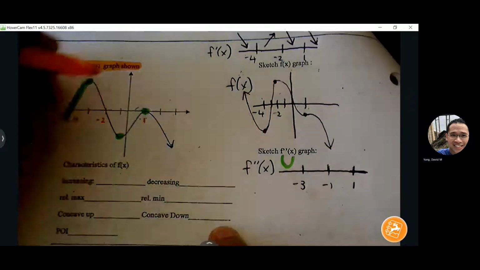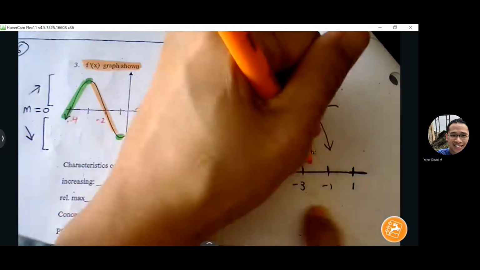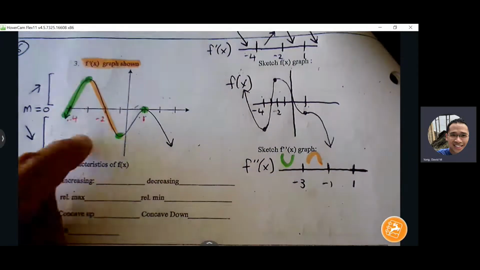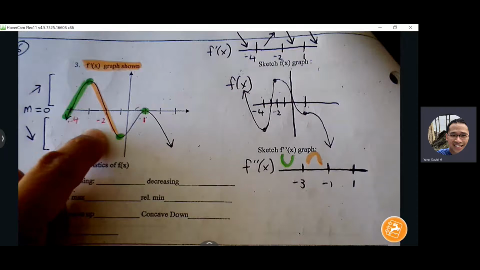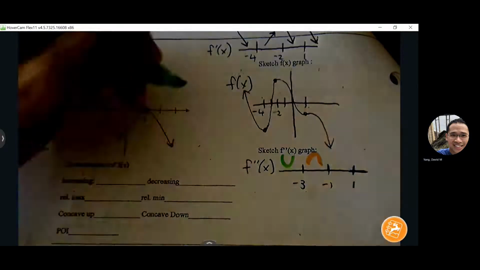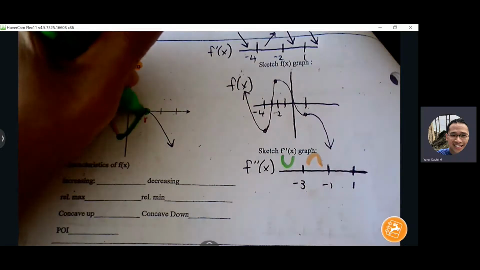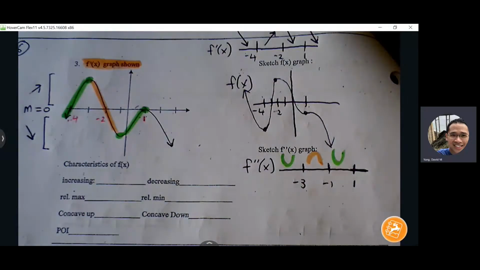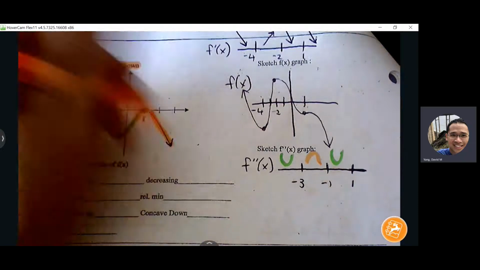Negative slope, that's going to translate to concave down. I know it doesn't look like it because this is not the original graph. How about between -1 and 1? Positive slope, so concave up. And then to the right of 1, negative slope, therefore concave down.